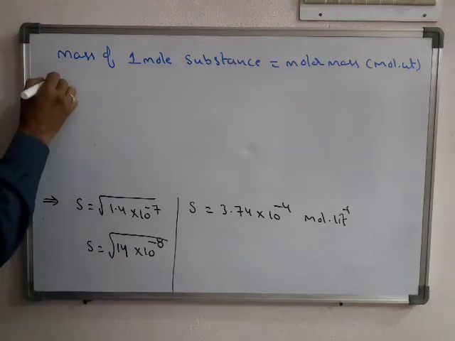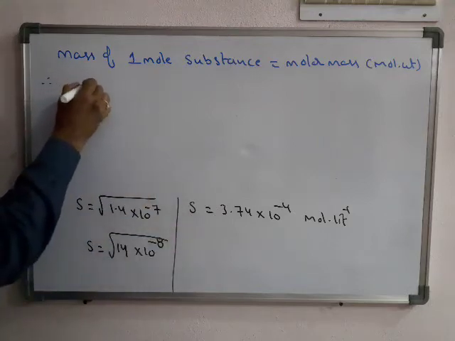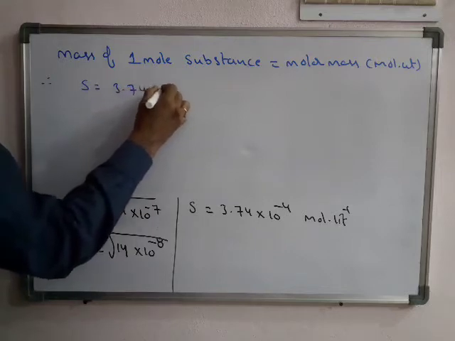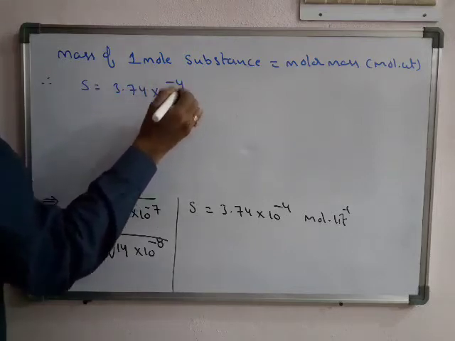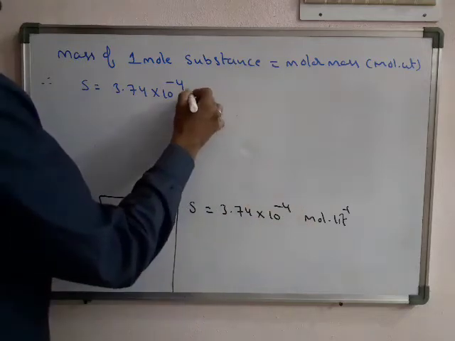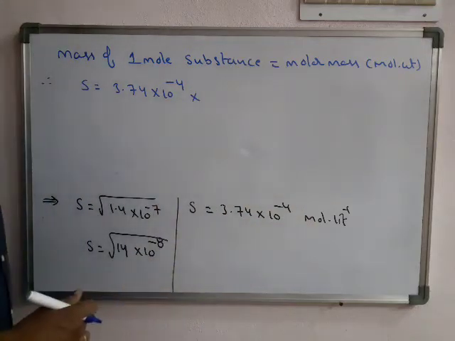So the solubility in terms of grams we can write as 3.74 into 10 power minus 4 moles per liter, and 1 mole equals its molecular mass. So what is the mass of nickel carbonate?